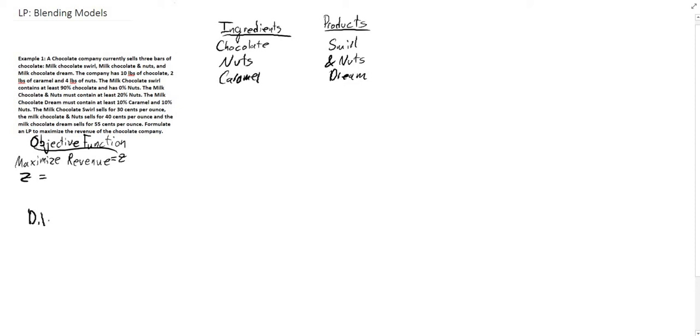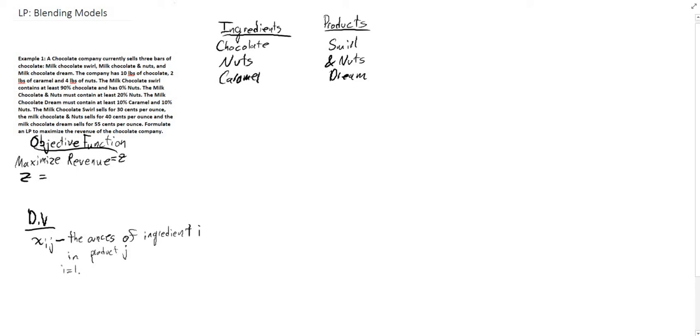Erase that real quick. Our decision variable down here can actually be set up as xij. This is a decision variable with 2 indexes. So this is going to represent the ounces of ingredient i in product j.